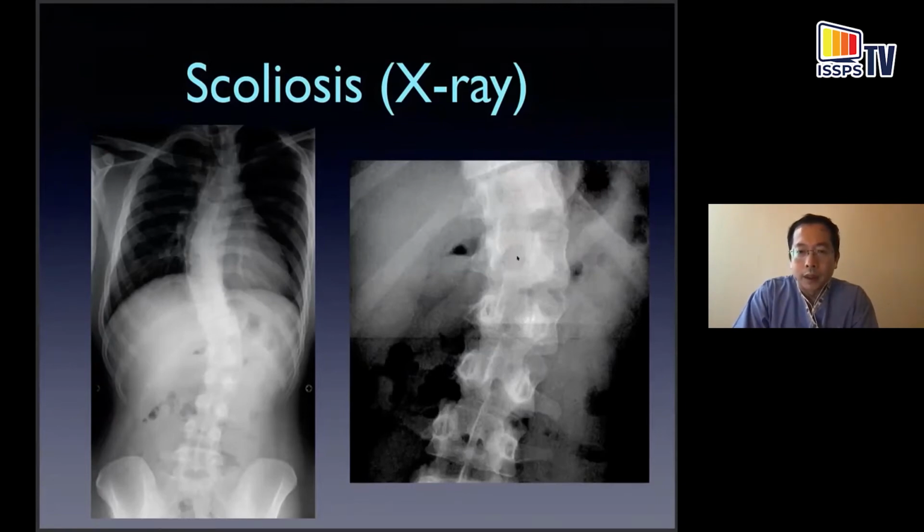You can still see the interlaminar spaces quite nicely, the pedicles and the facet joints on the X-ray. And at least these images will help you with your planning. So for example, if you were to perform a central neural axis block on this patient, then you would know to try and angulate your probe accordingly along the axis of the scoliosis.